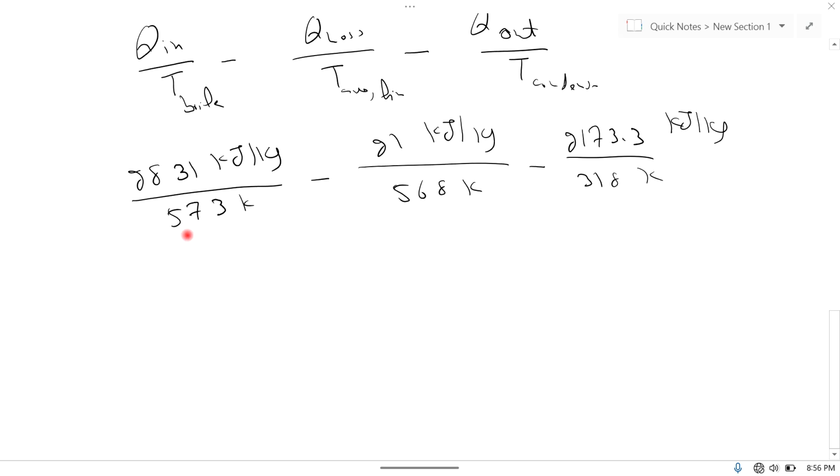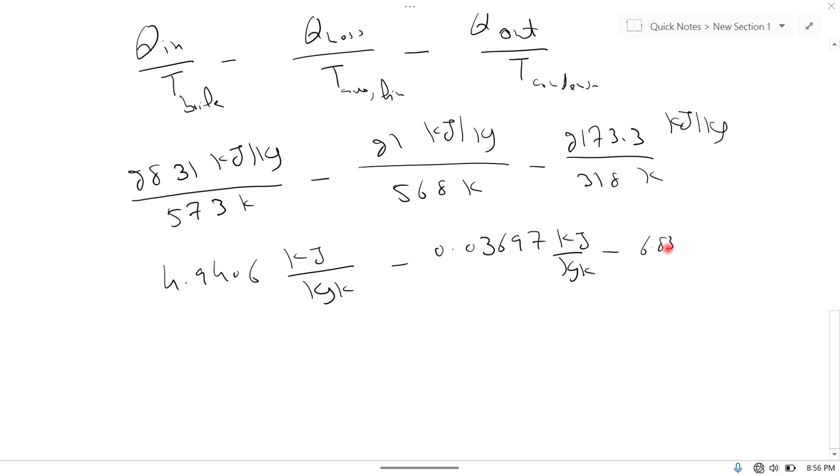Now the answer of this value is 4.9406 kilojoule per kilogram per Kelvin, minus 0.03697 kilojoule per kilogram per Kelvin, minus 6.83427 kilojoule per kilogram per Kelvin. So the final answer is minus 1.93 kilojoule per kilogram per Kelvin.